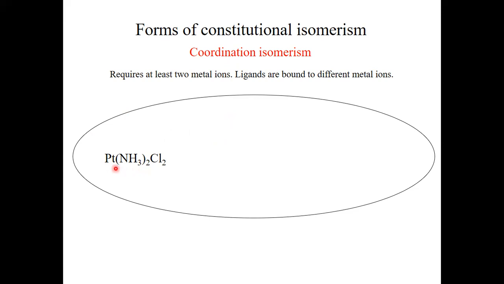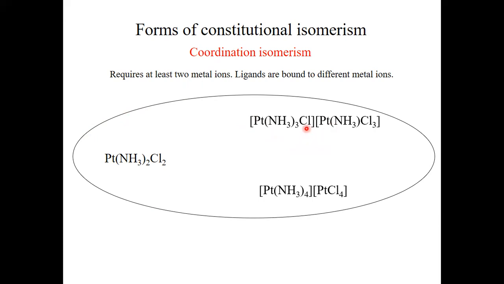Here's an example of a first isomer. In this case, we have diamminedichloroplatinum. So we have two ammine ligands and two chloro ligands bound directly to the platinum. We'd expect that this is a square planar complex. And there are two coordination isomers to that, which now both have two metal ions.